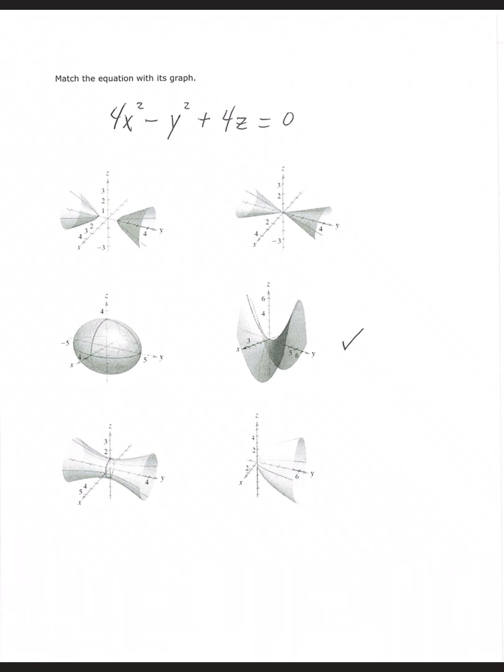So let me hop in here real quick. That was a lot of words. Okay, I'm going to leave the 4z where it is. I'm going to take the 4x squared over. It'll go positive to negative. And then I'm going to take negative y squared over, and it'll go from negative to positive.